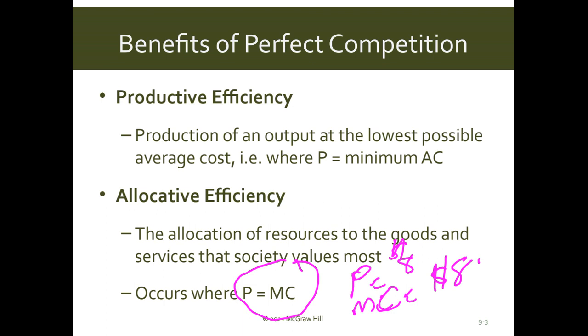Under perfectly competitive market structure, particularly in the long run, price is equal to minimum average total cost, and also price is equal to marginal cost. So firms operating under perfectly competitive market structure are both productive and allocative efficient.